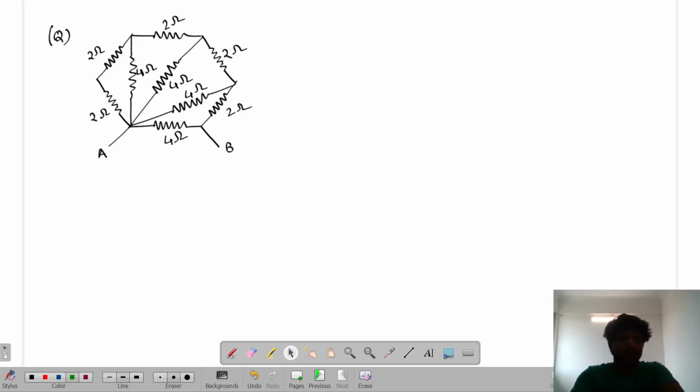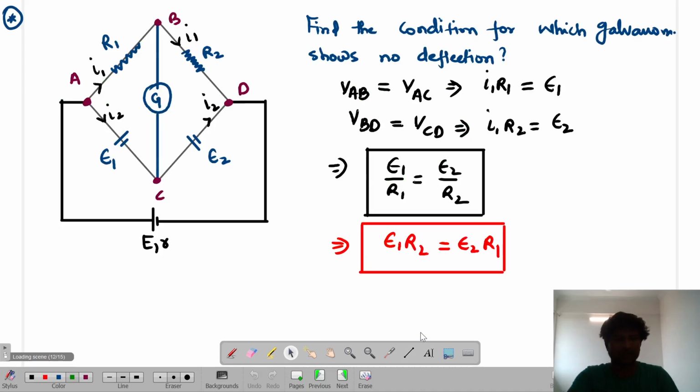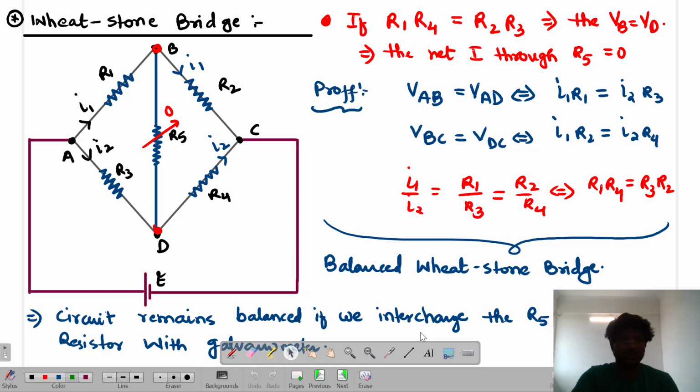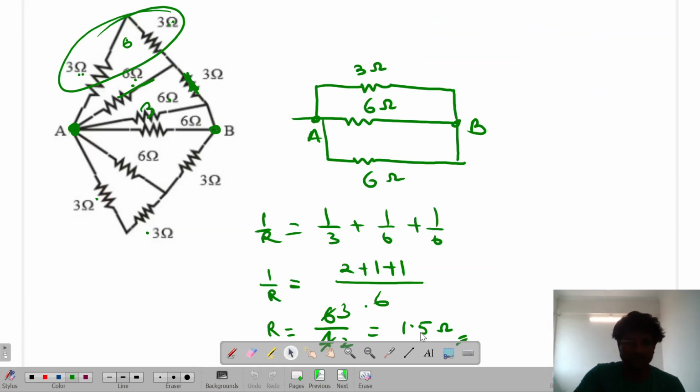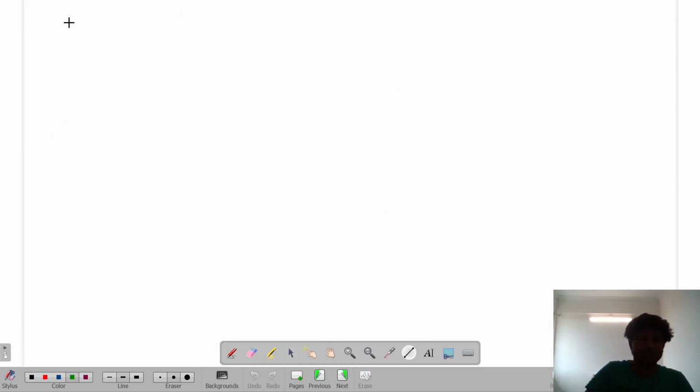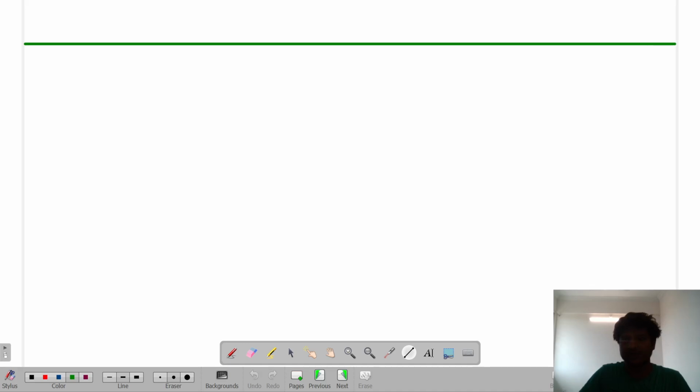So today, day before yesterday, we completed the Wheatstone bridge and Kirchhoff's law and its uses, isn't it? Now today we are going to start understanding how to find the equivalent resistances.